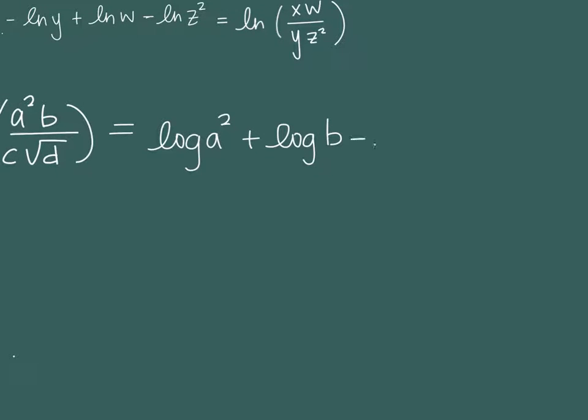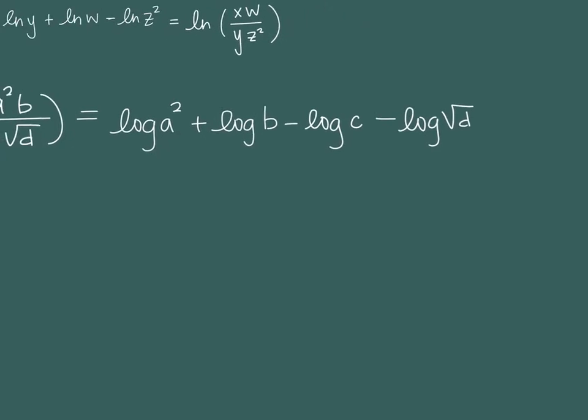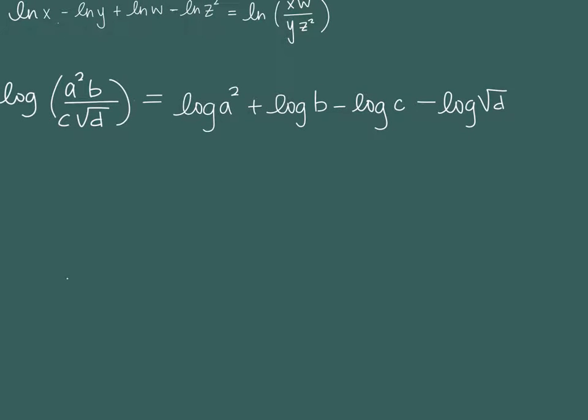Okay, switch to minus log base c, and another minus log base rad d. Okay, very good. So you can use this property to combine things or to separate them, depending on the question and what direction you want to go. Okay, any questions about that property?